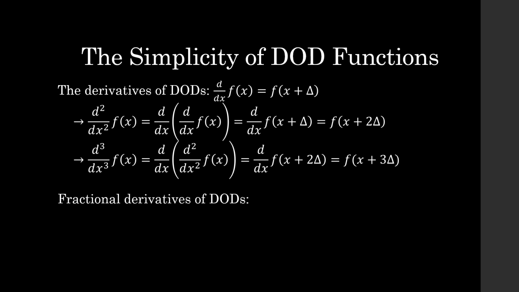So when we take the fractional derivatives of DODs, while this is not so much a proof as it is anecdotal evidence, we have that d to the n over dx to the n, for whatever n, of these functions is just this translational separation of n times delta.